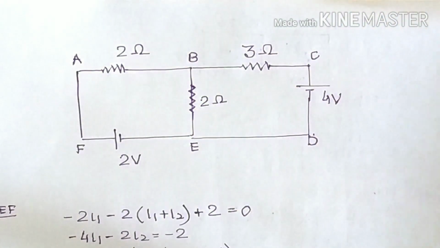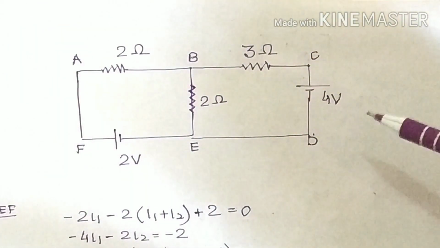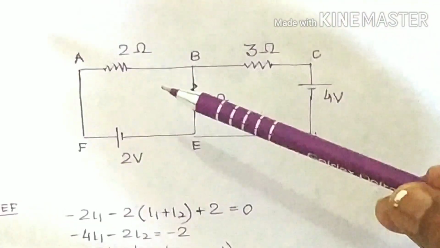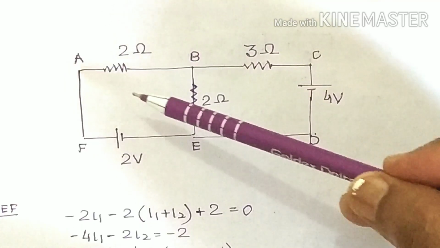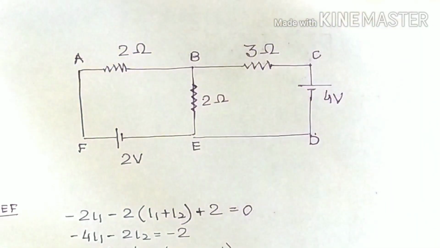Now you have to apply Kirchhoff's rule. For example, the question is: calculate the current passing through the branch AB.